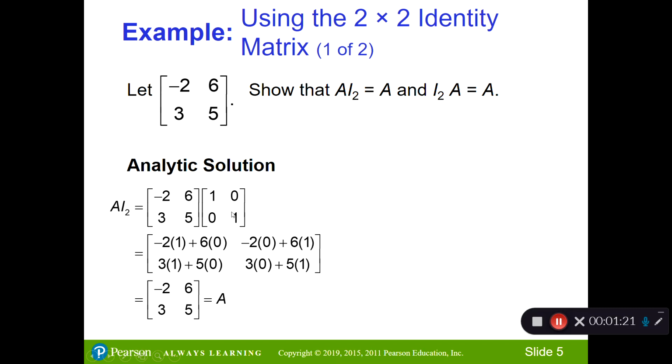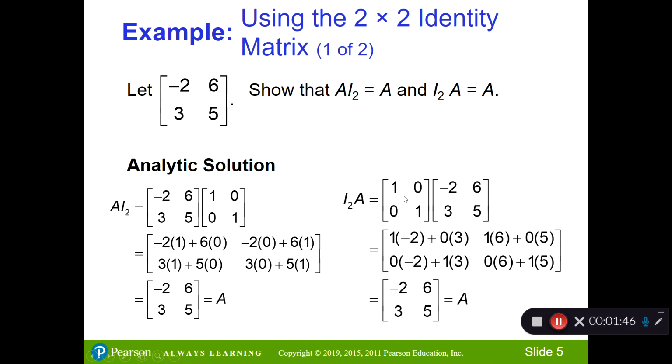This row times the second column, negative 2 times 0 plus 6 times 1. The second row times the first column goes here, 3 times 1 plus 5 times 0. And the second row times the second column goes here, 3 times 0 plus 5 times 1.